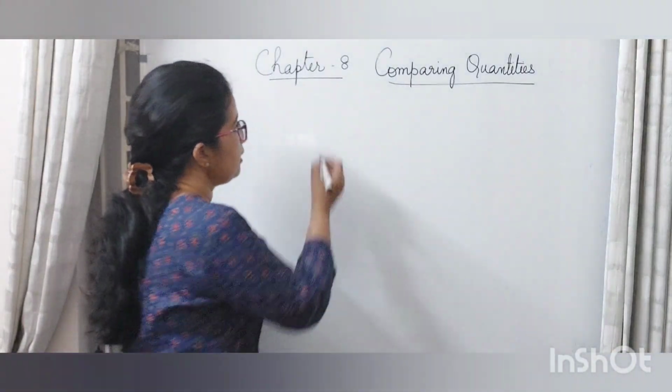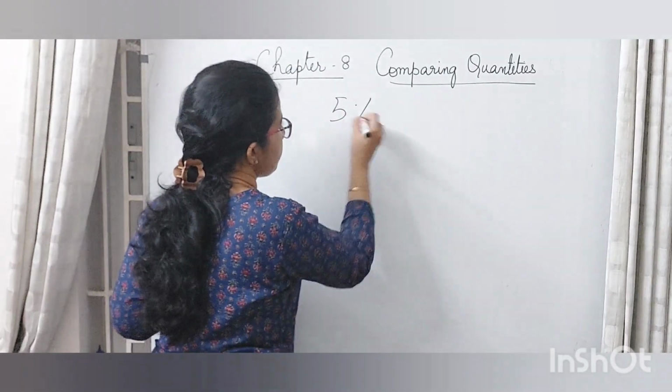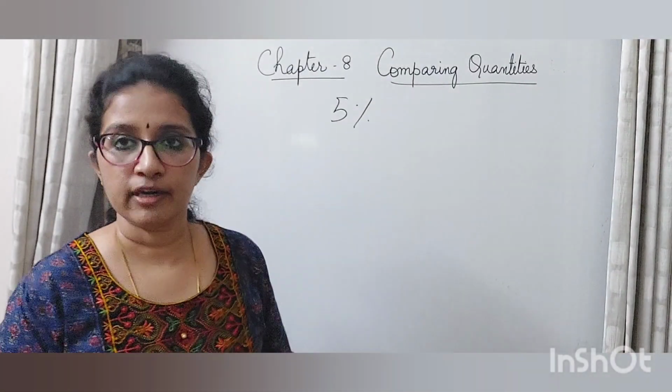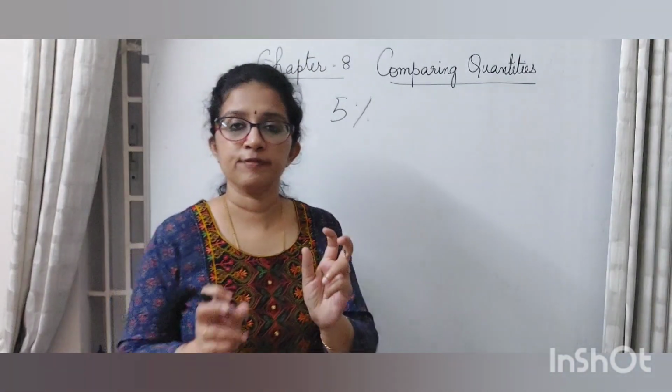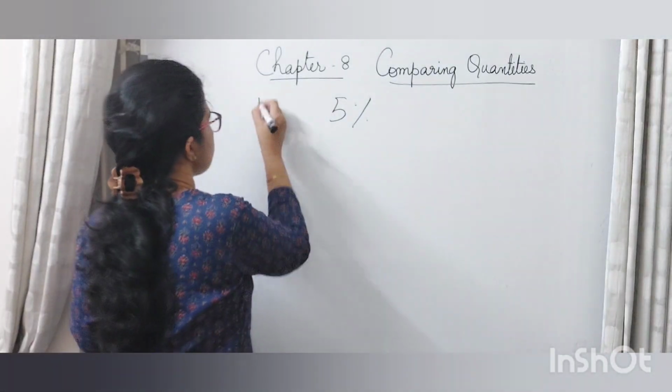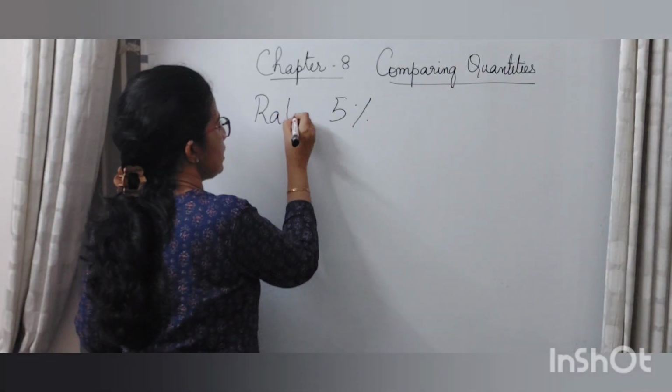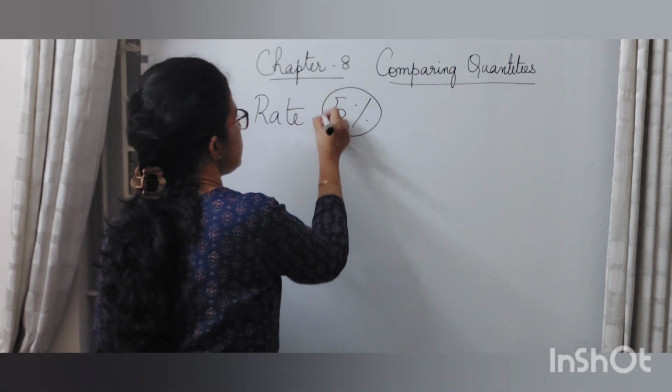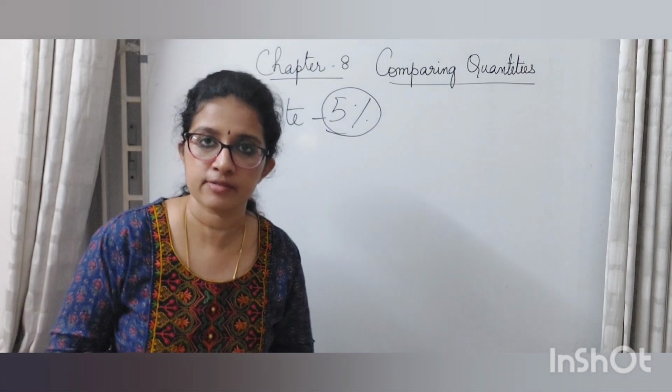We are now going to see how to calculate the interest amount if they give you the rate of interest. This percentage of interest is called the rate of interest.